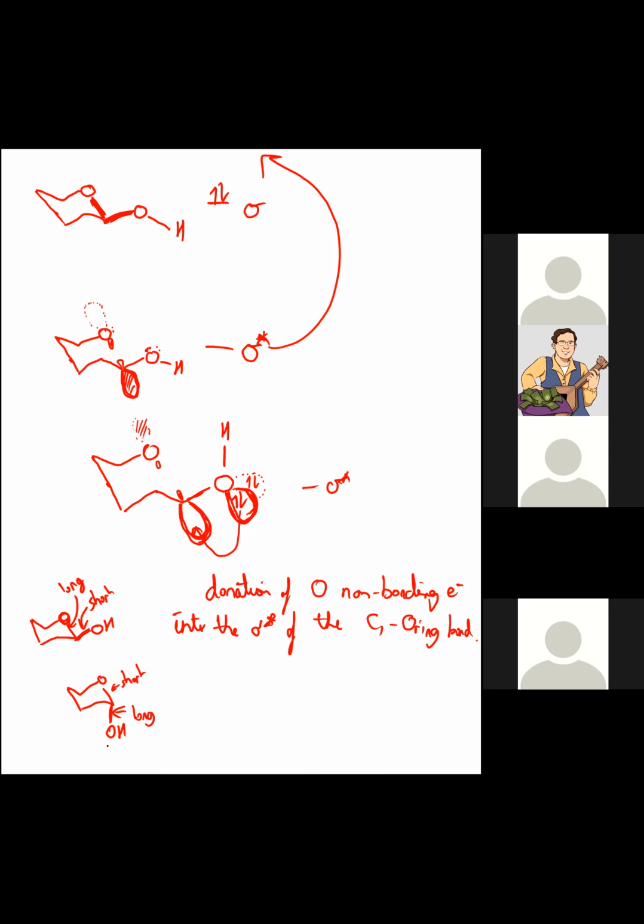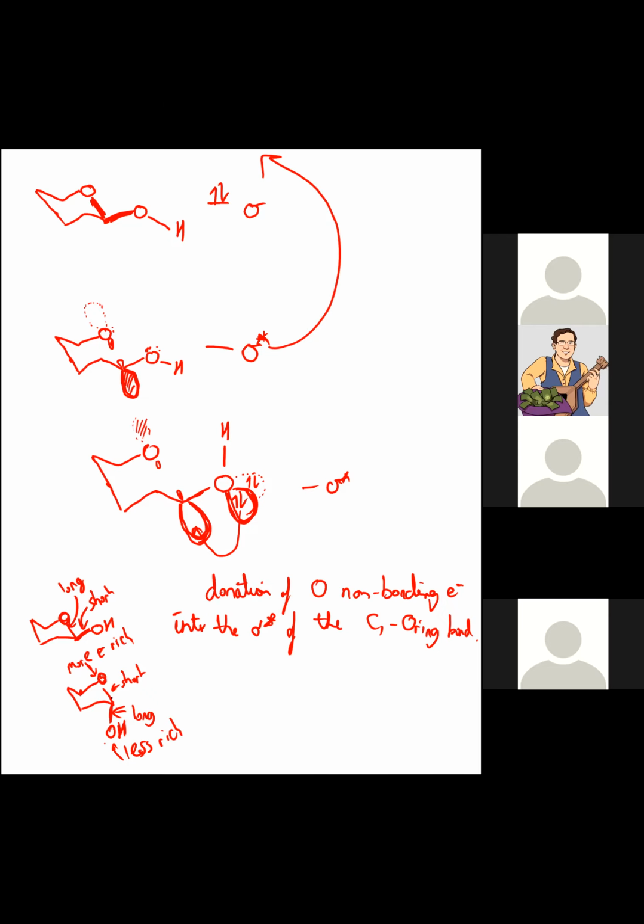Well, let's think for a second: this oxygen is more electron rich. That's because this oxygen is attached to two carbons. This oxygen is only attached to one carbon, and carbons are electron donating relative to hydrogen, which is what this oxygen is attached to. So this oxygen has one donating, one nothing.